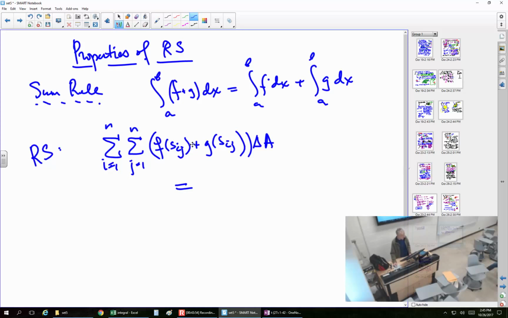Well, think about it. What this represents is the heights of those bars, where the bases are the same. Okay, so what can I do?